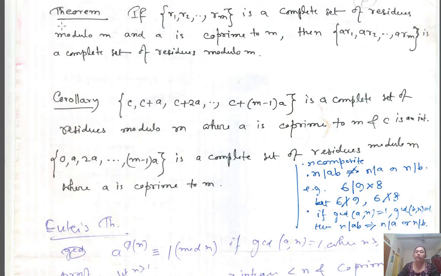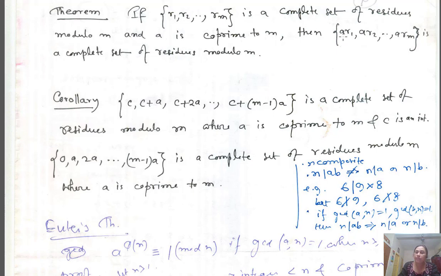So I'm taking C plus A, C plus 2A, up to C plus M minus 1 times A. That means I'm considering the set 0, A, twice A, up to M minus 1 times A. So my complete residue system is 0, 1, 2, up to M minus 1. I take the scalar multiple by A of every element of 0, 1 to M minus 1.